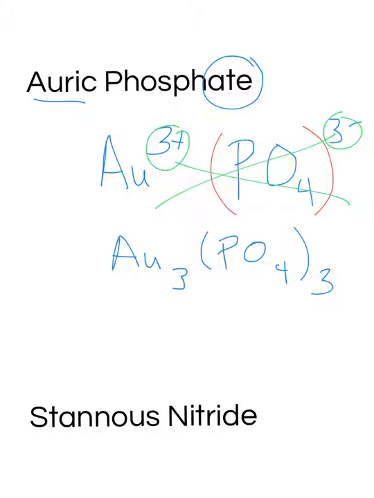But now I'm going to stop for a minute and remind myself that this is still an ionic compound. And the fact that there's a 3 here and a 3 here indicates that the ratio of gold to phosphate ions is 3 to 3. And since it's ionic, I need to reduce that into lowest terms. And so a 3 and a 3 reduces to a 1 to 1 ratio. And so I'm simply going to write AuPO4.